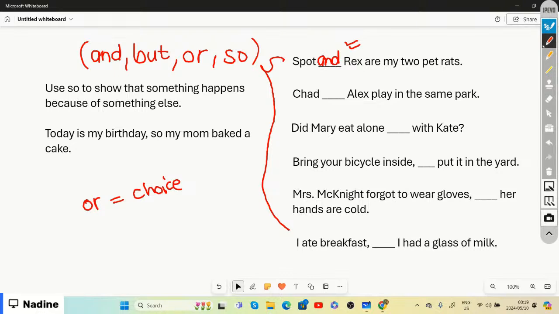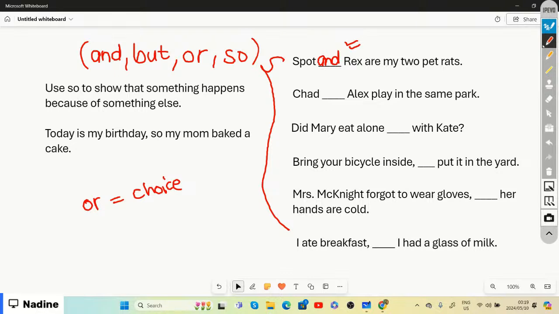Chad, Alex play in the same park. Are we going to say Chad and Alex, Chad but Alex, Chad or Alex, or Chad so Alex play in the same park? All right.